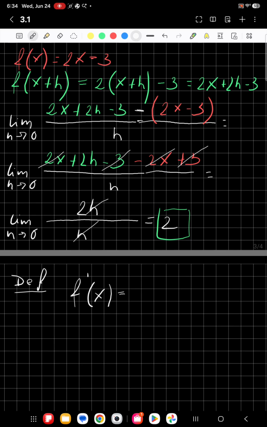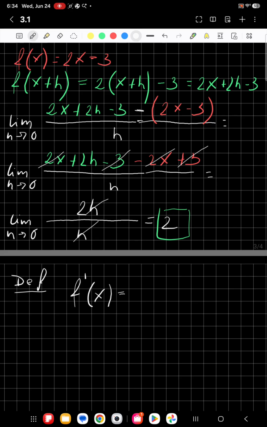But if my function is not really a straight line, it's a curve, I'm going to get a formula for slope. Anyway, this is one of the symbols for derivative. It's f prime of x.